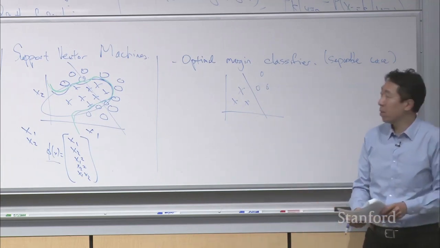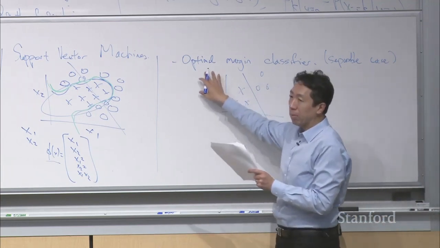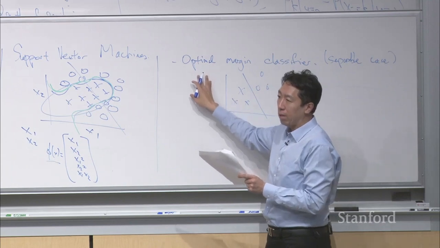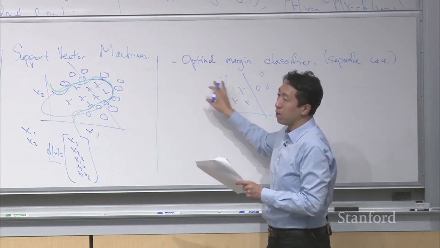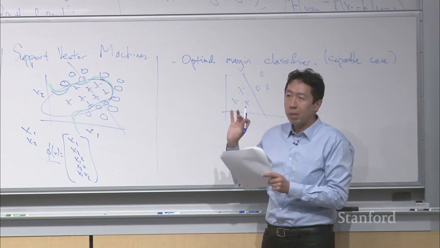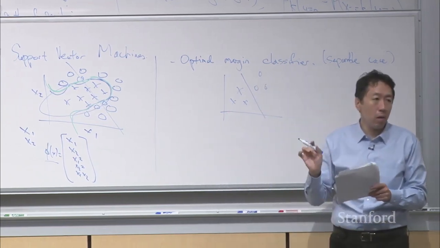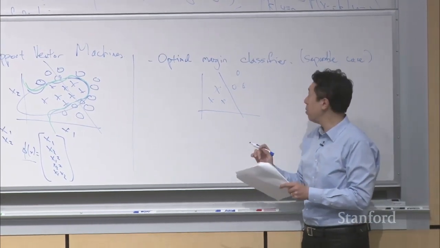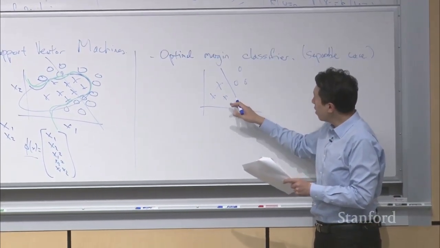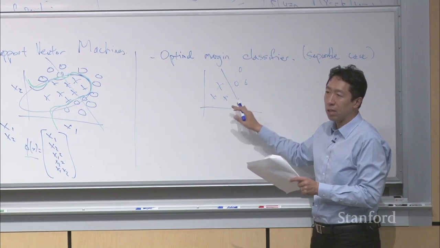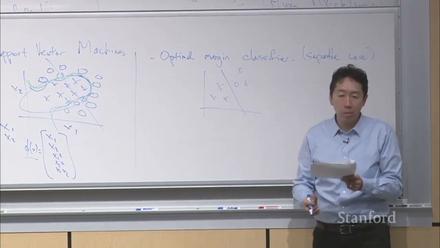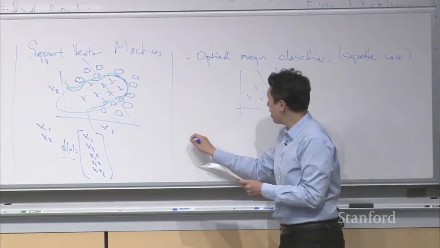Right? The optimal margin classifier is the basic building block of a support vector machine. We'll first derive an algorithm that will have some similarities to logistic regression, but allows us to scale in important ways to find a linear classifier for training sets like this that we assume for now can be linearly separated. So we'll do that today.